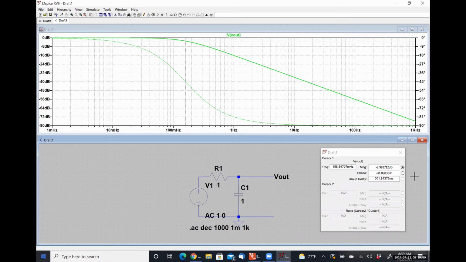Based on our R and C values, we would expect the corner frequency to be 1. But it's 1 radian per second because we calculated omega. We would need to divide that by 2 pi to get our linear corner frequency. All right?